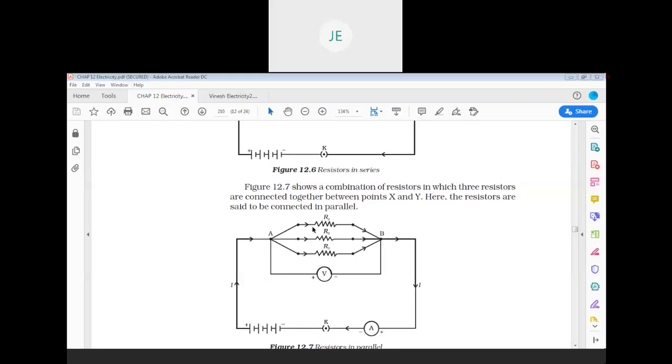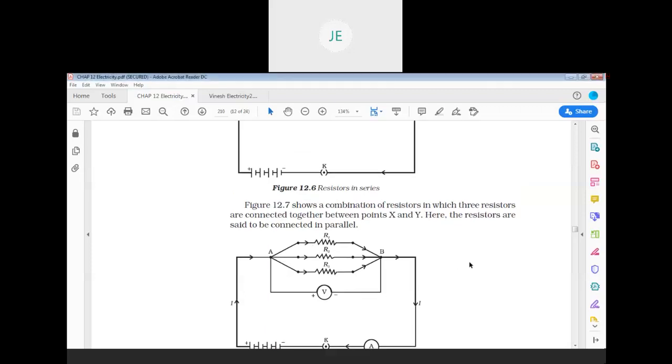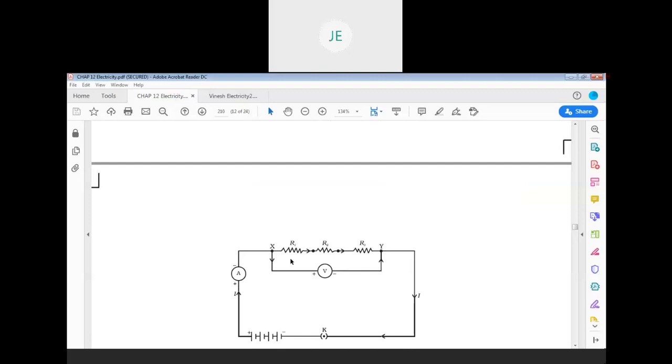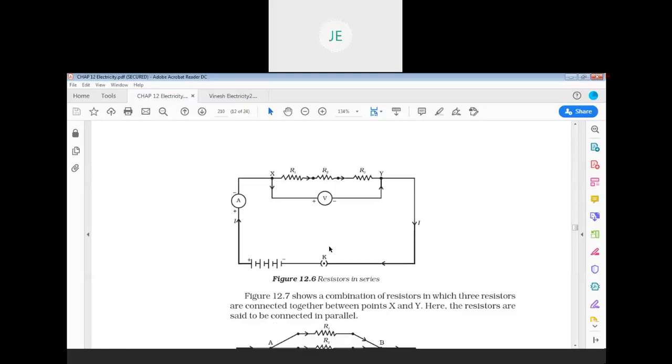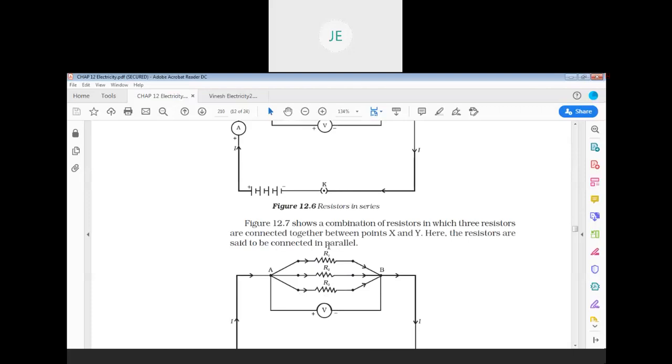If the current is divided, they are connected in parallel. And in this case, if you send I current, R1 will take I current only, R2 will take I current only, R3 will take I current only. So I is not divided here. Based on that, we can say the resistors are connected in series or parallel.